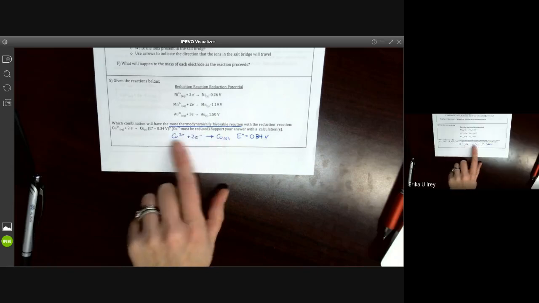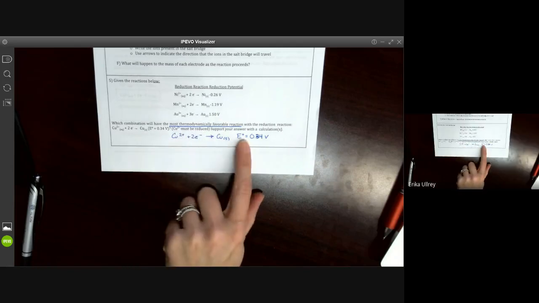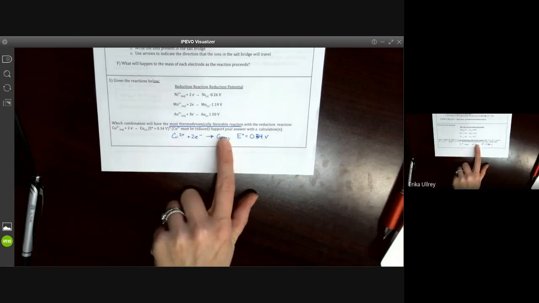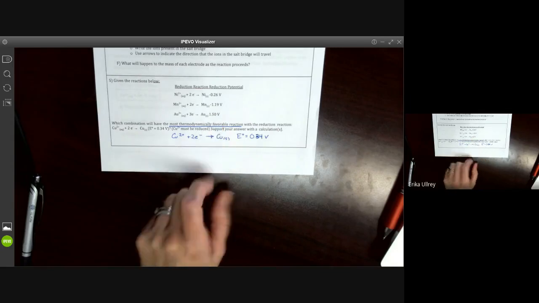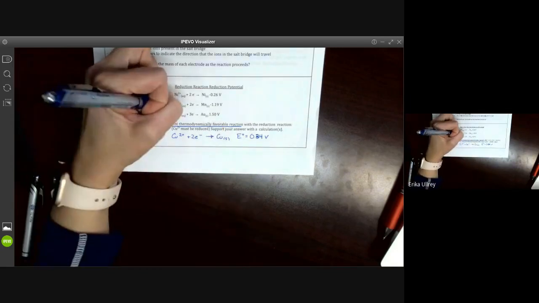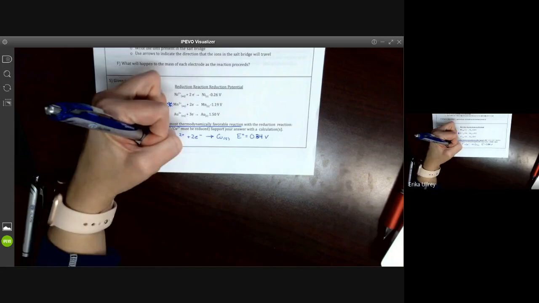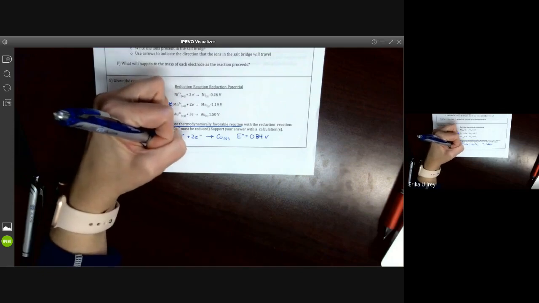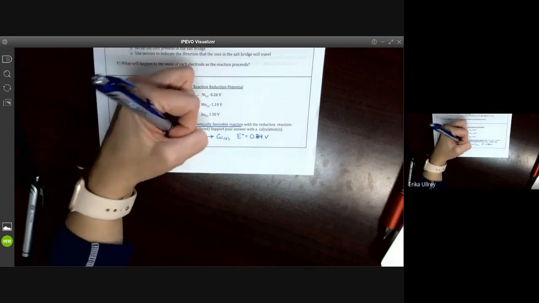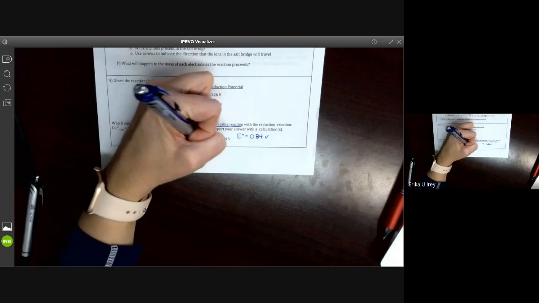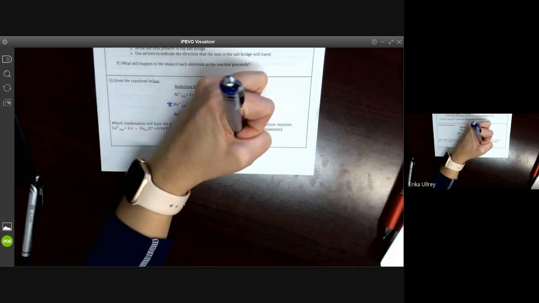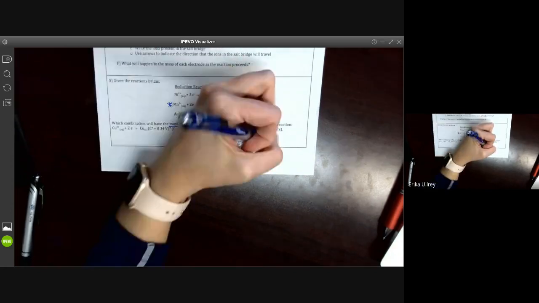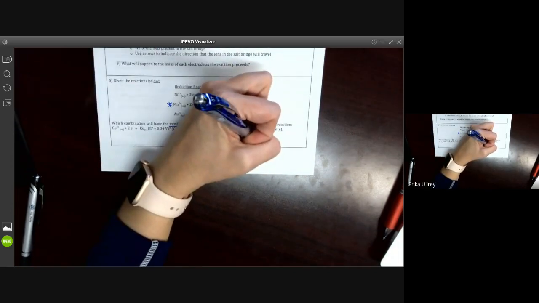Yeah. It's telling us we have to keep copper in this direction, so we have to keep copper reduced. If we were to use the gold, we'd have to flip it, and then that would be a negative 1.5. So absolutely, manganese is going to be the best, because when we flip that around to Mn solid, giving us Mn2+ plus 2 electrons, the E cell value for that is going to be positive 1.19.